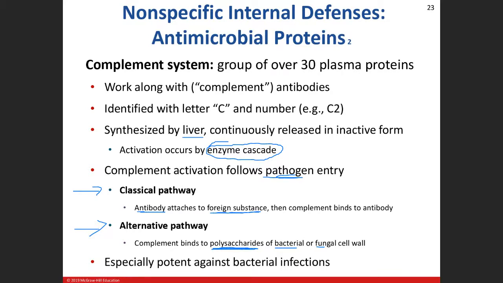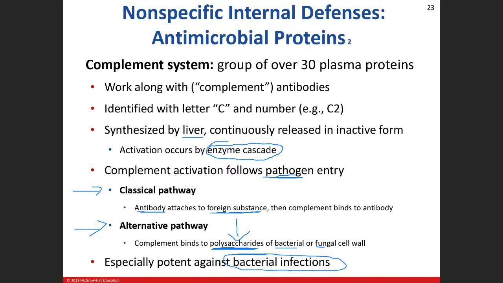It's some sort of foreign substance, usually an antigen. What's an antigen? It's either a foreign protein or a foreign sugar, a polysaccharide. So the classical involves the antibody, and the alternative is going to involve a sugar, the polysaccharide here. This is highly active in bacterial infections.